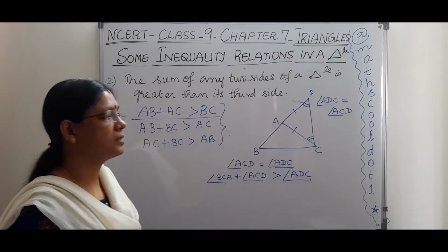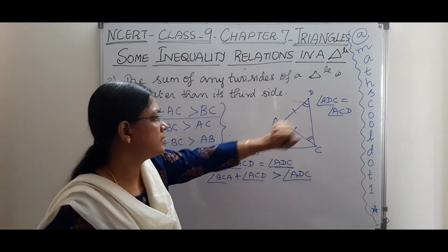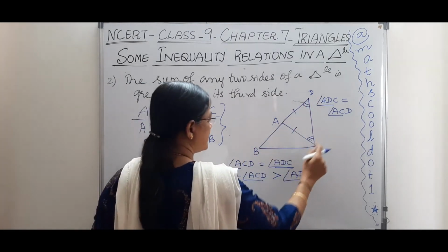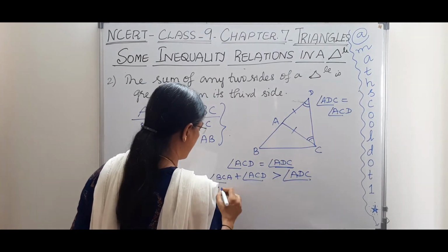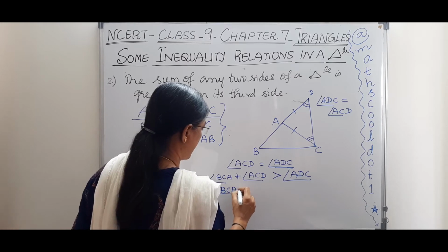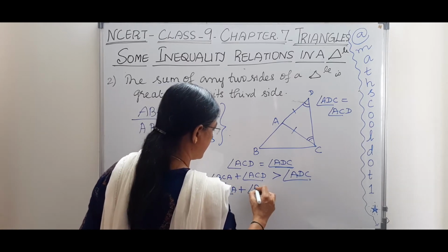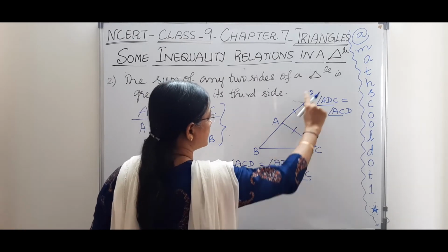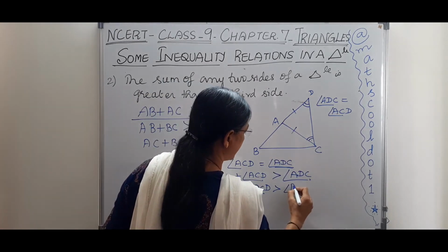Now what is this angle BDC? This angle ADC is nothing but BDC, right? So I write BCA plus ACD is greater than, instead of writing ADC, I write BDC.